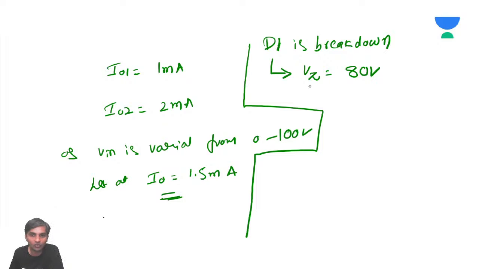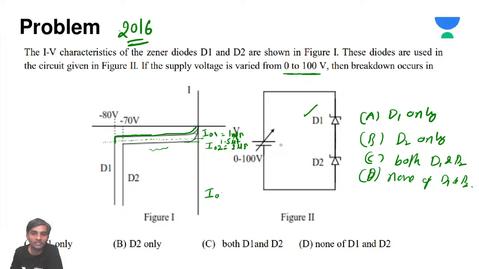So if the diode voltage is 80 volts, who will share the remaining? How much is remaining? 20 volts. So the voltage drop across diode D2 is going to be 20 volts only. To make diode D2 break down, we need how much voltage, sir? 70 volts is required.